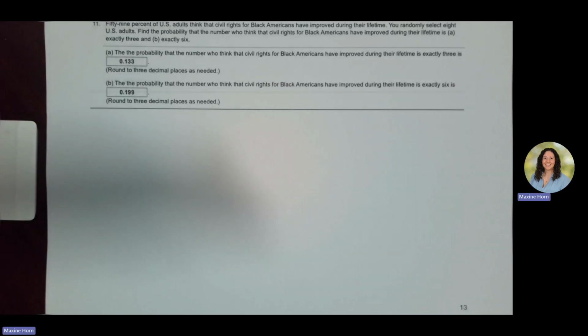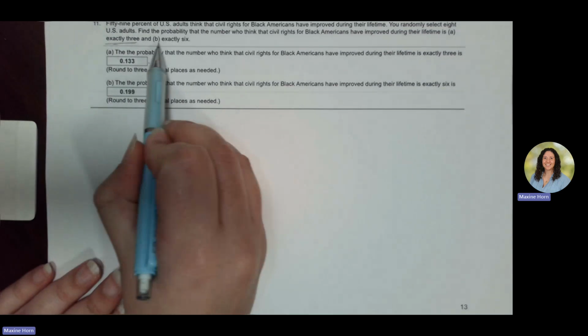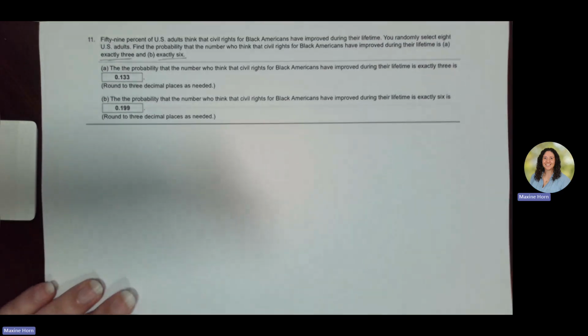All right, 59% of US adults think that civil rights for Black Americans have improved during their lifetime. You randomly select 8 US adults. Find the probability that the number who think civil rights for Black Americans have improved during their lifetime is A, exactly 3, and B, exactly 6.